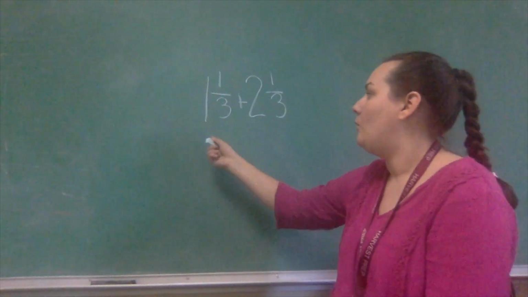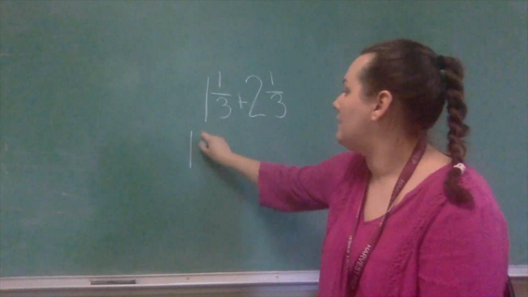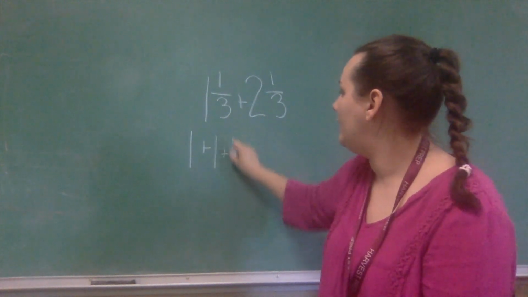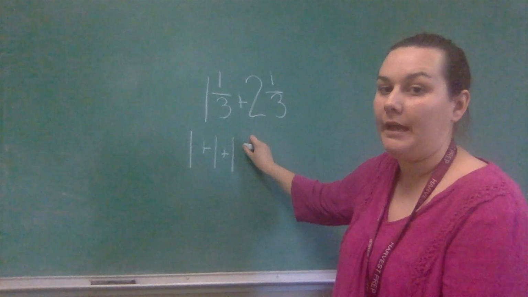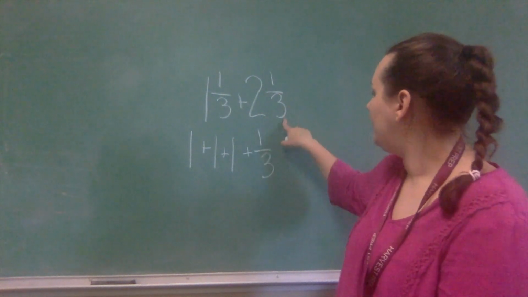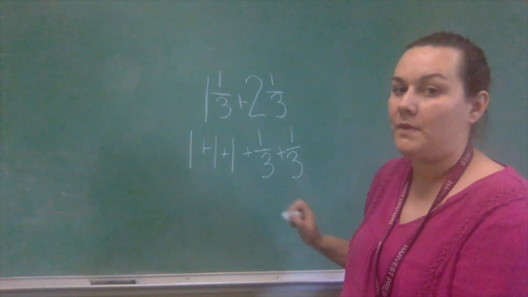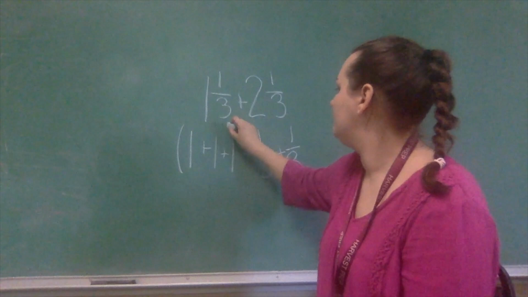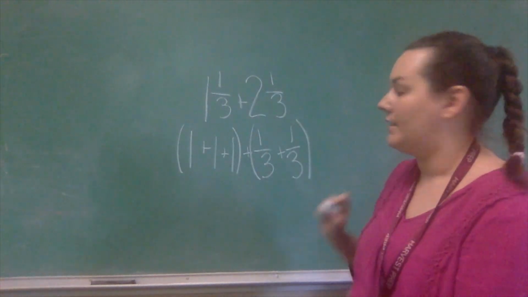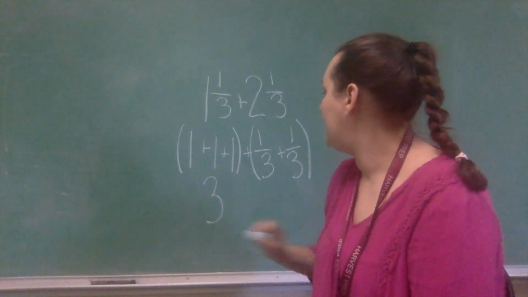So I'm going to go ahead, 1 is just going to stay 1. If I break 2 down, that's going to give me 1 plus 1. Now I'm going to add my fractions. So I have 1/3 and I have 1/3. So now I can group them using my associative property. And now I can add them. So I have 1 plus 1 plus 1. We know that that's 3.